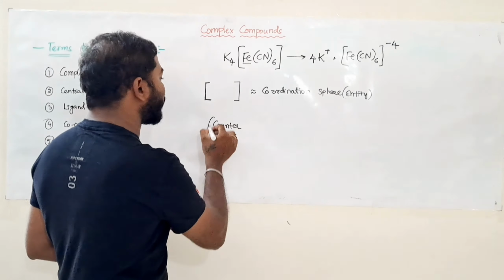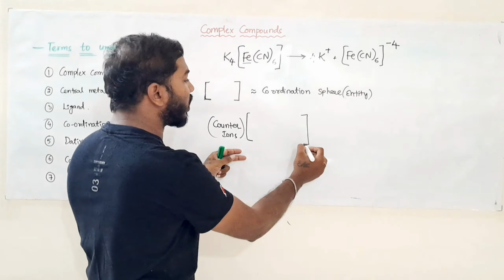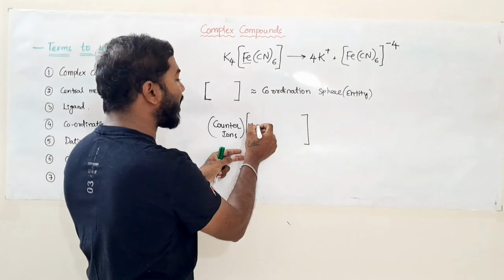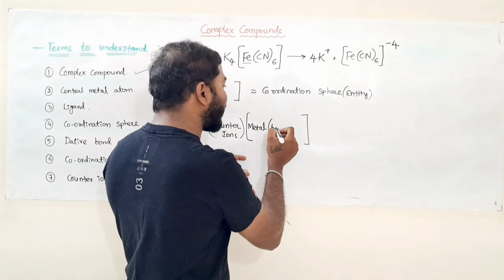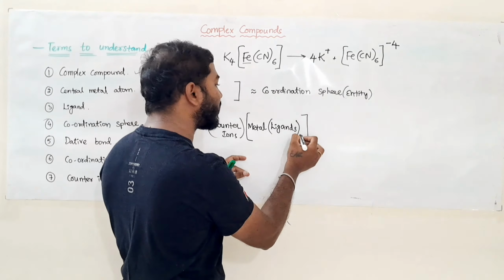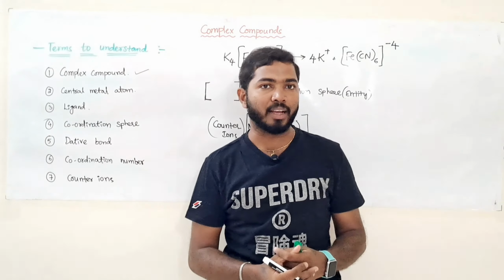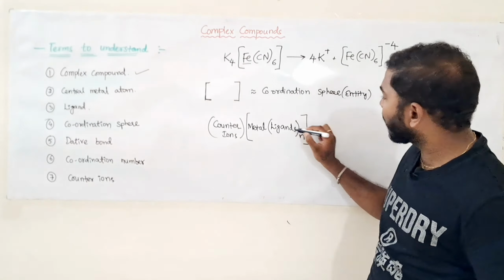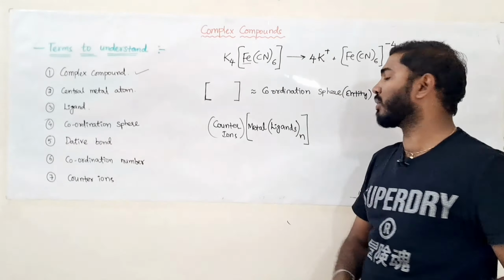And inside the coordination sphere, we have a central metal atom bonded to some atoms or groups of atoms which are generally called ligands. And this N is nothing but the number of ligands. Hope you understood.